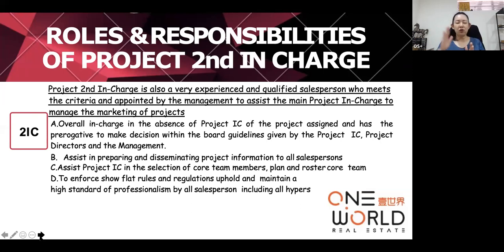Every time we go to a different sales gallery, the developer definitely has different rules and regulations. Probably some of the rules are the same, but some are different. So always remember different developers may have different rules and regulations. You need to understand and be able to memorize everything as a second IC.